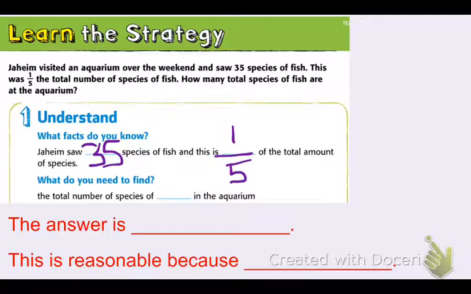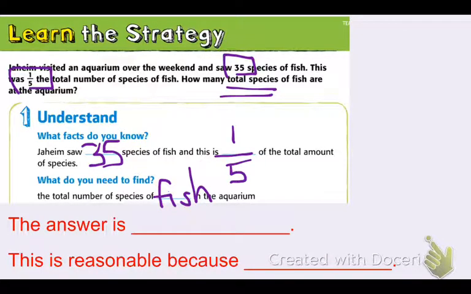They want to know what is the total amount of species of fish at the aquarium. So he saw 35 species, and that's 1/5 the total. How many total species are there?